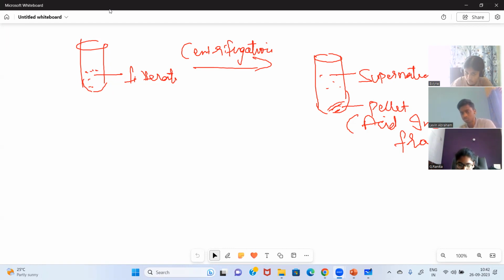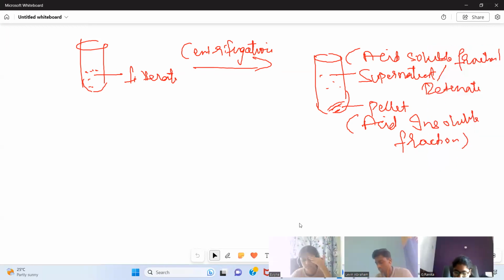Supernatant is also called what? The retentate, or otherwise it's also called the acid soluble fraction. So you get two fractions. One is the pellet, the acid insoluble fraction. Another is the supernatant or the retentate, which is the acid soluble fraction. And what do you find in the pellet?